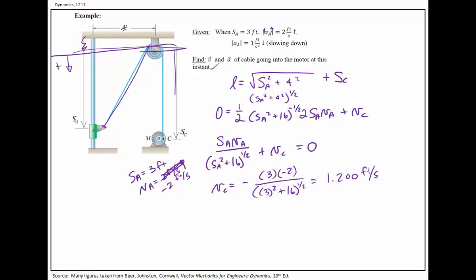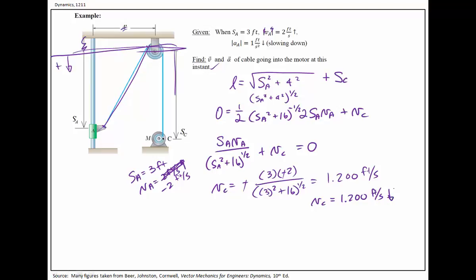Is it negative? We have negative, negative right there, so therefore that's why that's positive. So VC is equal to 1.200 feet per second. Actually, I didn't need that extra 0.